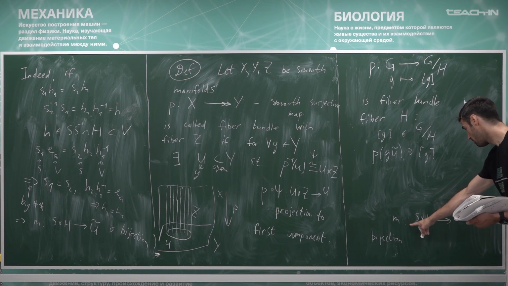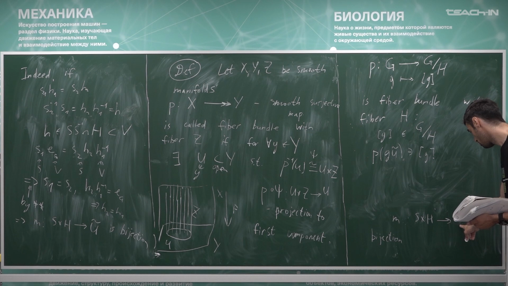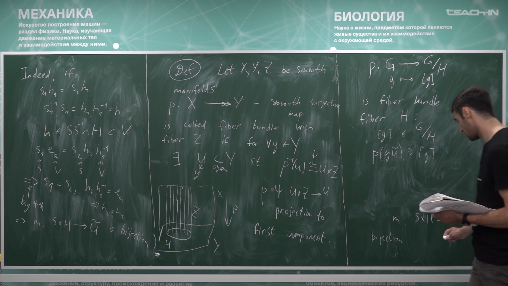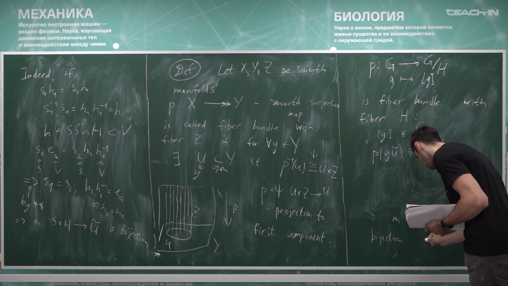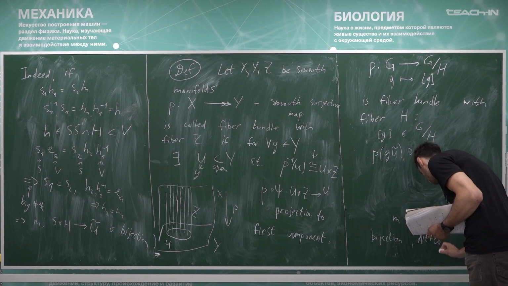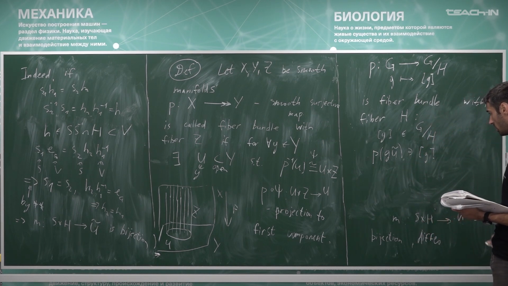This map M, S times H to U tilde, is the bijection. Moreover, more importantly, it's a diffeomorphism. That's what we just proved.